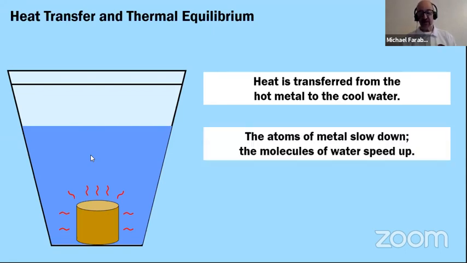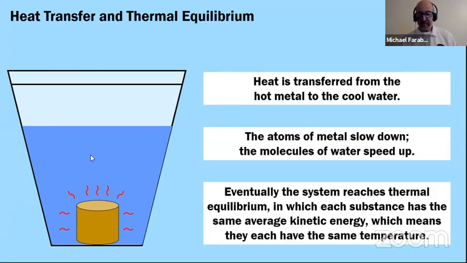The atoms of metal are slowing down, the molecules of water are speeding up, and eventually thermal equilibrium is reached, in which each substance has the same average kinetic energy, which means they have the same temperature. So when heat is transferred from a warmer object to a cooler object, eventually that transfer will continue until thermal equilibrium is reached.